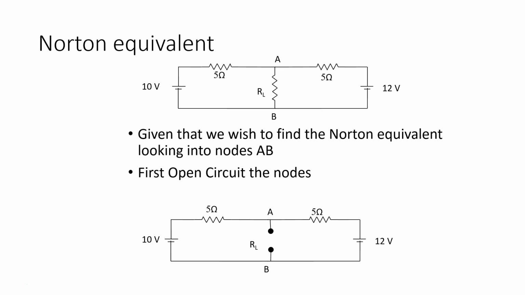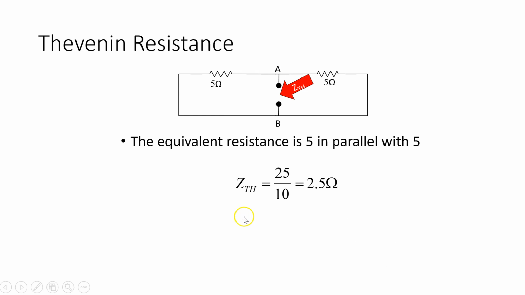So let's get started with the independent sources only. We have here the same circuit as before, and I'm going to remove RL, and I will have this circuit now. The first thing I want to do is find the resistance looking in, and I do this in exactly the same way as I did with the Thevenin equivalents.